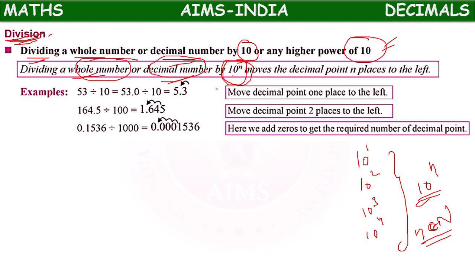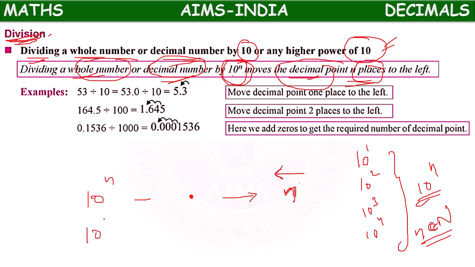If you divide like that, so what happens to the decimal point? The decimal point will move n places to the left. As we are dividing by 10 power n, whatever decimal point is there, that will move n places towards the left.